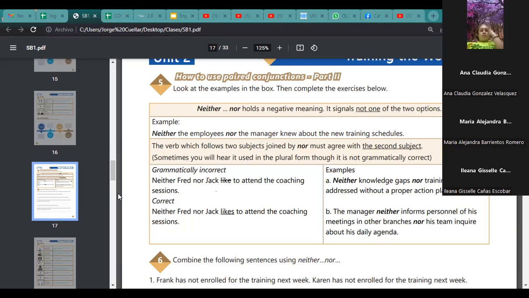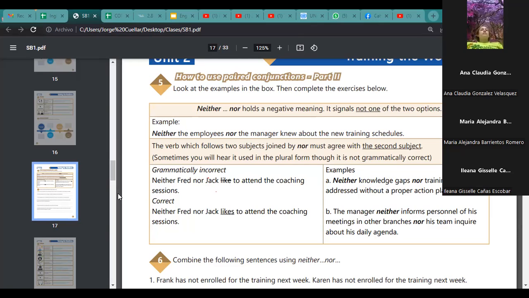An example, A: neither knowledge gaps nor training needs are addressed without a proper action plan. Letter B: the manager neither informed personnel of his meetings in other branches nor his team inquired about his daily agenda. Good, perfect, thank you.